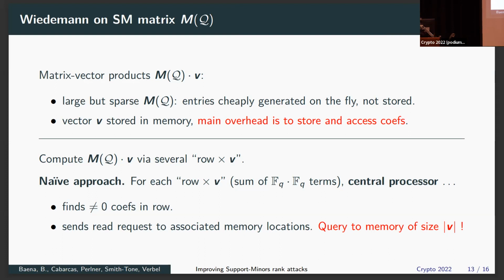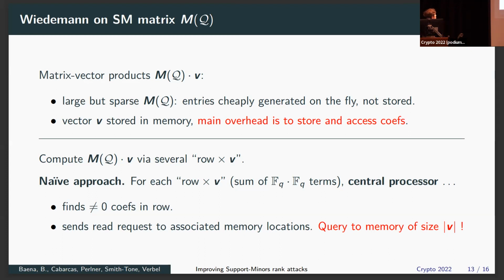Now, to compute our matrix-vector products, it's easily seen to be several row times V products. And now I will explain how naively you compute such a product. A row times vector product is more or less the sum of FQ times FQ terms, and each non-zero term corresponds to a non-zero coefficient in your row.